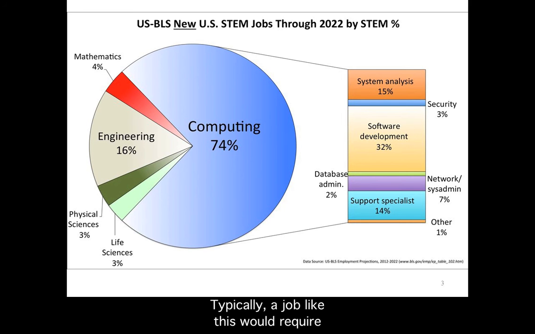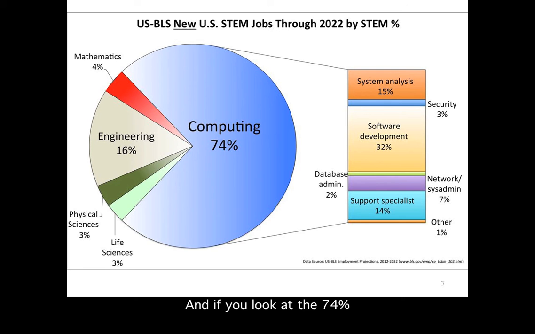Typically, a job like this would require a bachelor's degree or more, and in many fields: mathematics, engineering, physical sciences, life sciences, and computing. The figure shows that for new jobs through 2022, 74% will be computing jobs. Only 3% are life sciences, and that's not counting medicine. Physical sciences, 3%, that would be like physics and chemistry. Engineering, 16%, and mathematics, 4%.